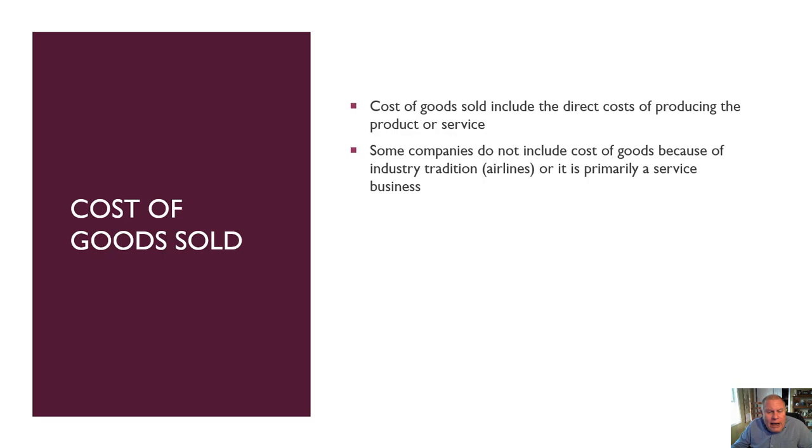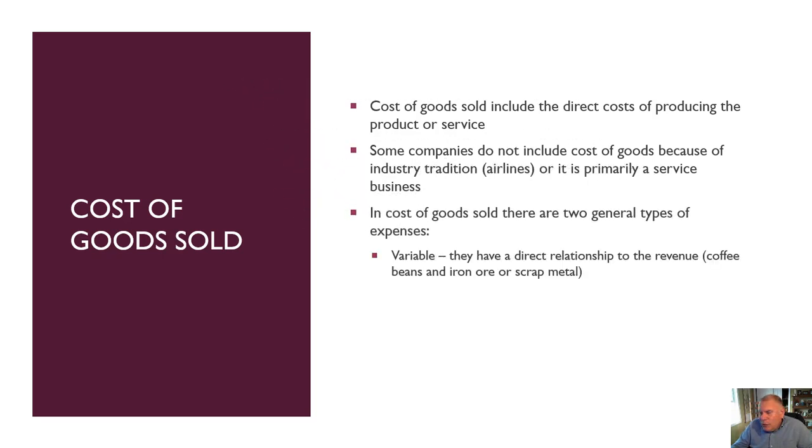When we look at what goes into cost of goods sold, I'd suggest to you, and this probably goes back to 270 for those of you who've taken it, there's two types of cost in our cost of goods sold. Variable. These are the ones that have a direct relationship to the revenue. So think about it in the case of GENESEO coffee roasters, they sell roasted coffee beans.